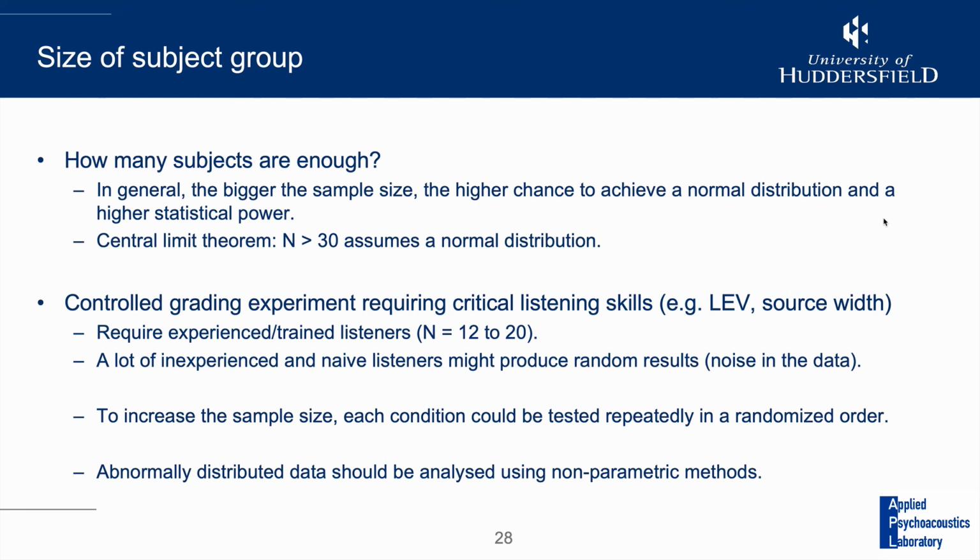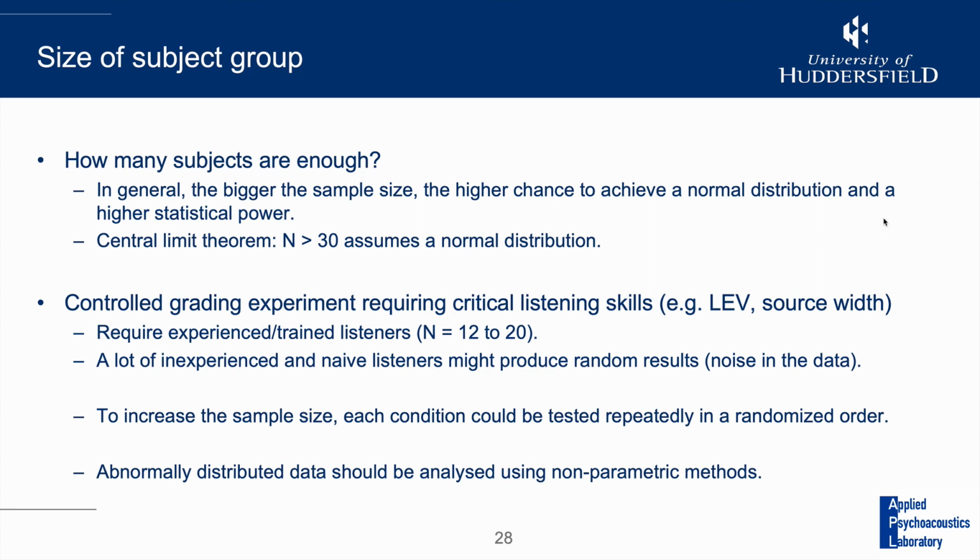So in this kind of critical listening test scenario, around 12 to 20 listeners may be sufficient, and these numbers are usually accepted in academic studies. Of course, the more the better. If you have more critical listeners and trained listeners, the more the better.